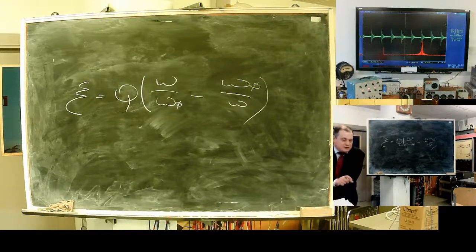So this shift of tuning in relative values, this is xi. It's a shift from tuning point in relative values.